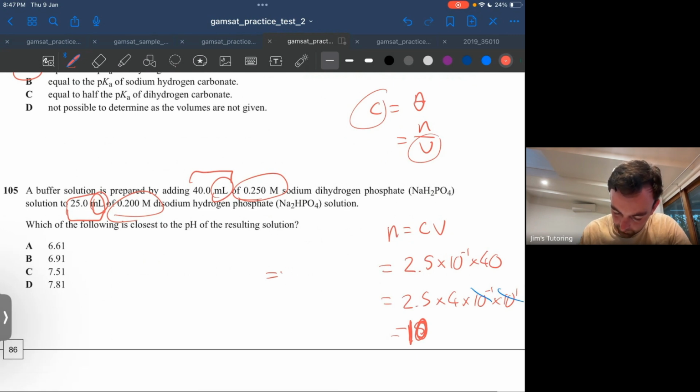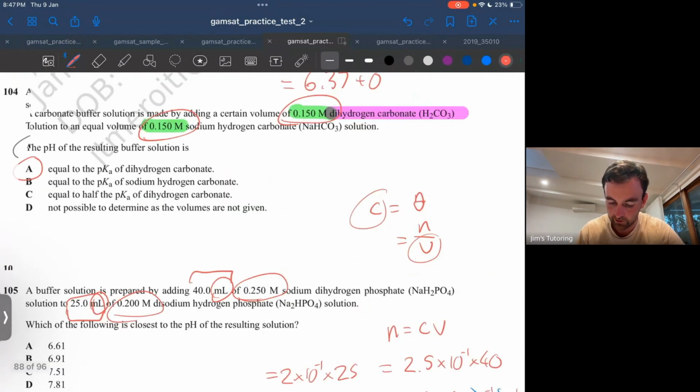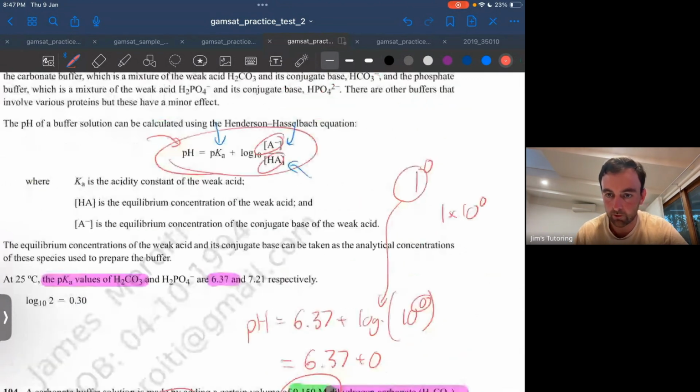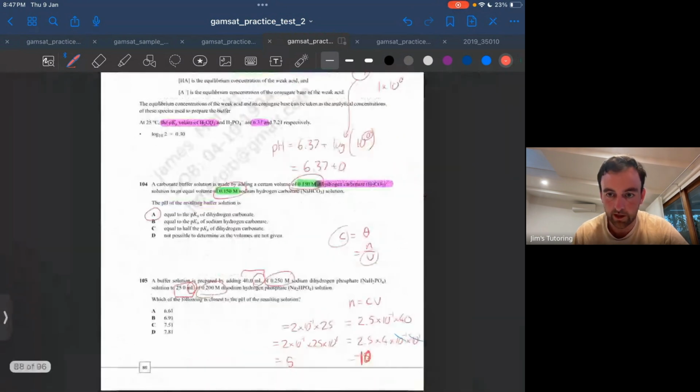So I'll say 2 times 10 to the minus 1 times 25. So this is going to be 2 times 10 to the minus 1 times 2.5 by 10 to the 1. So this will equal 5. So you see what I've done there. The numbers are all whack, but the main thing is, because we're putting them into this fraction, we only care about how much of one we have compared to the other. So do as I say, not as I do.